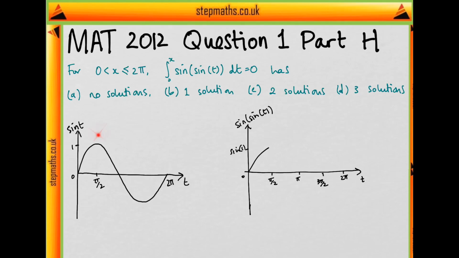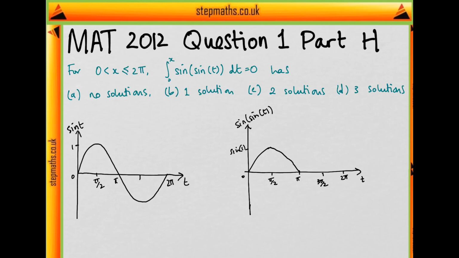And then after pi over 2 down to pi, we have that sine t is decreasing from 1 to 0, and so this here is going to be decreasing from sine of 1 to sine of 0, which is 0. So this bit is going to be the same as this, but sort of reflected in the pi over 2 line.